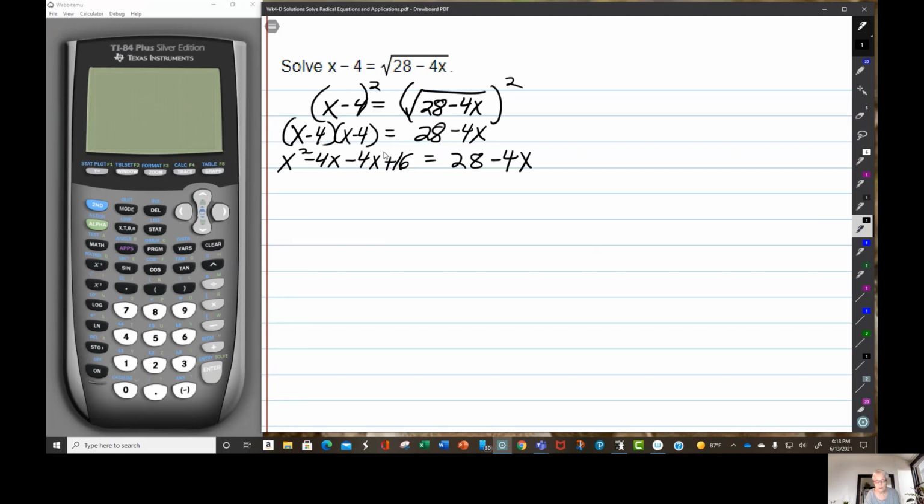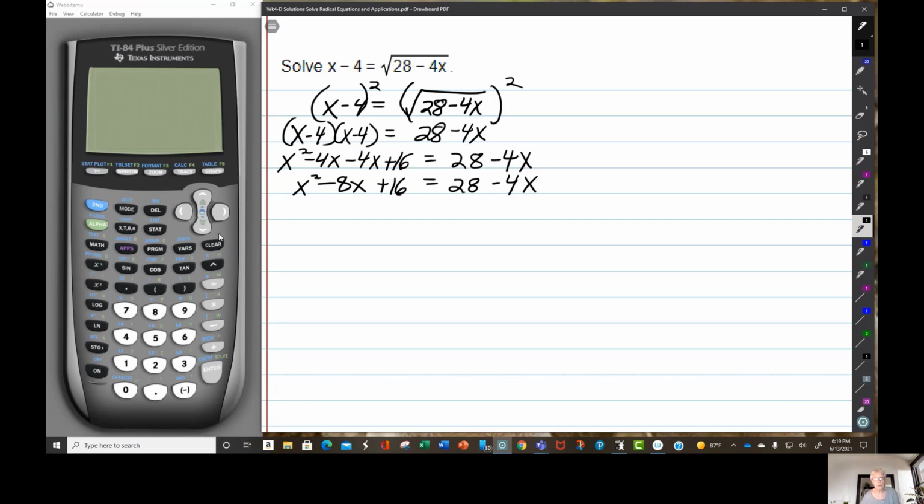So I'll combine these two terms. I take away 4 x's, I take away another 4 x's, that means I've taken away 8 x's. x squared minus 8x plus 16 equals 28 minus 4x.